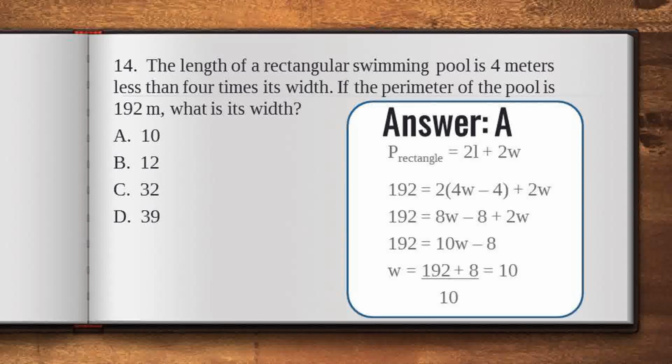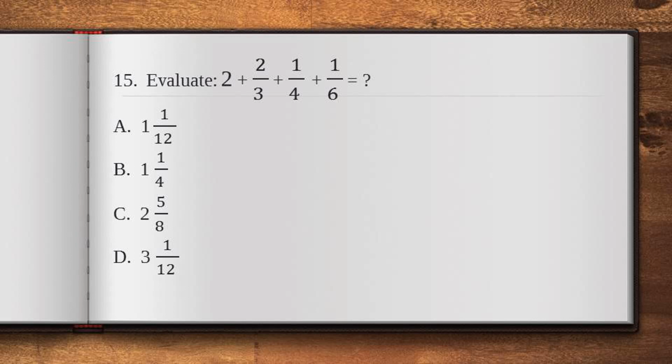Thus, we have our working equation, which is 192 is equal to 2 parenthesis 4W minus 4 close parenthesis plus 2W. And solving for W, we get 10.